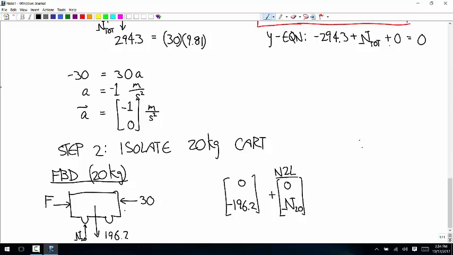The 30 Newton force is in the negative x direction, so that's negative 30, 0. And then the F is acting in the positive x direction, so that's positive F, 0.